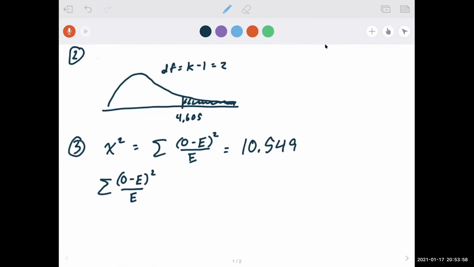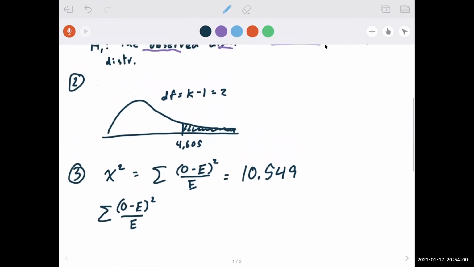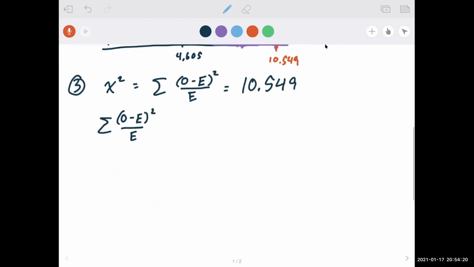That means that we are way over, actually we'd have to go a little bit further and we would be way over here. This is our test statistic. So that's where 10.549 lands. So you can see that is well inside the rejection region.